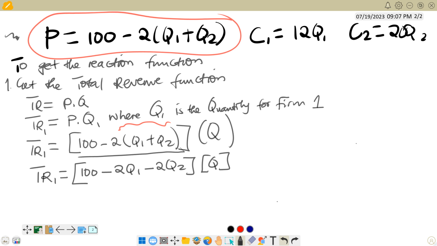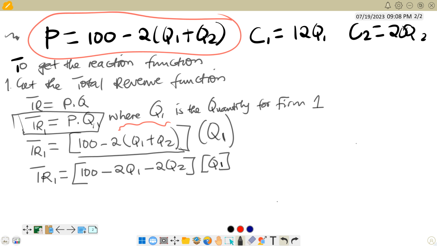But remember that we want total revenue for firm number 1, where total revenue is equal to price times Q1. So this Q should be Q1 instead. I just forgot to put a 1 there.